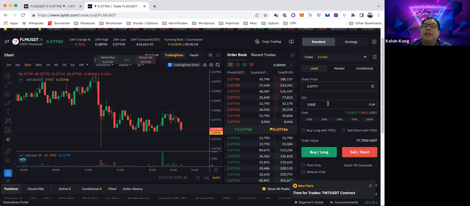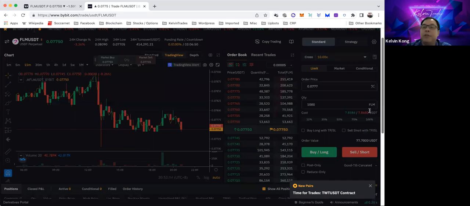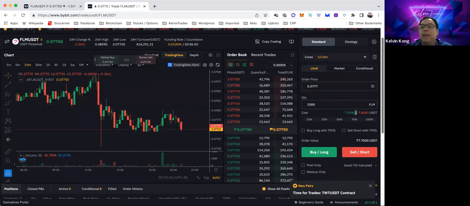So like I said, you actually don't need to go through this extra step of switching this to USDT, because your cost will be here. How much you're paying for the trade, actually. So if I buy 1,000 FLM futures, I'm only paying $7.86.